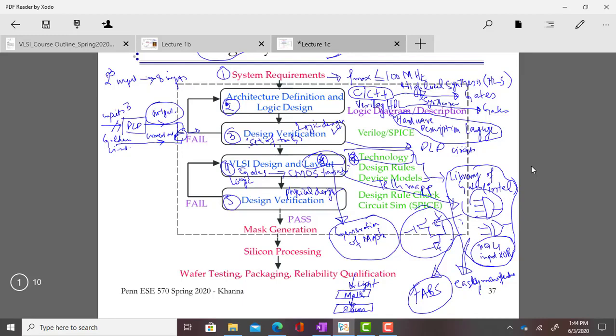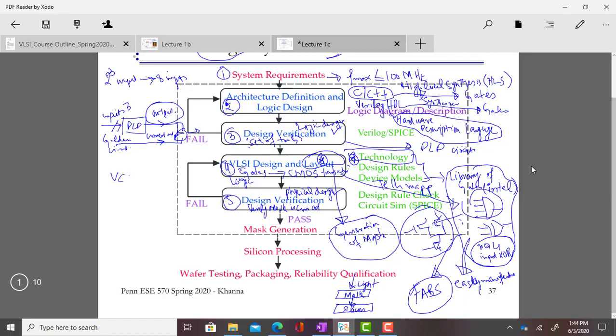So the purpose of this step is to verify if the mask is correct, because remember, if the mask is not correct, your silicon will be faulty.